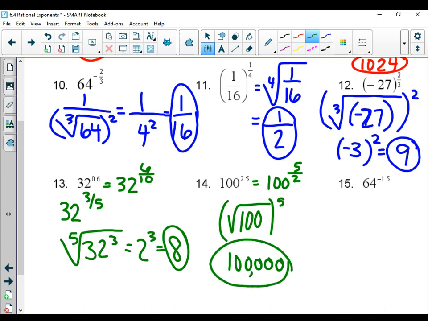Okay, and then finally our last one, if I have 1/64 raised to the 3/2, another way to write 1.5. It's the same thing as 1 over the square root of 64 cubed, which means 8 cubed.